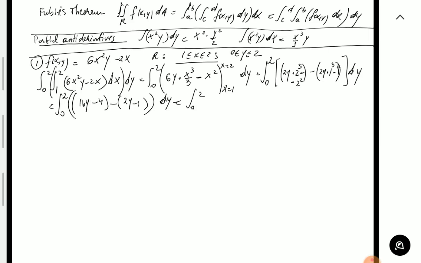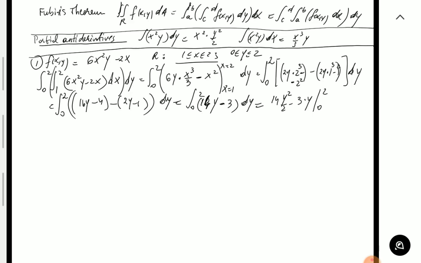We're going to simplify this. 16y minus 2y, that's 14y, and then minus 4 plus 1, that's minus 3, and then dy. And now we're left with the old-fashioned Riemann integral from calculus 1. Antiderivative: 14y squared over 2 minus 3y. And now I can write from 0 to 2, y equals 0, y equals 2, but that's the only variable left, so obviously this is for 0 and 2.